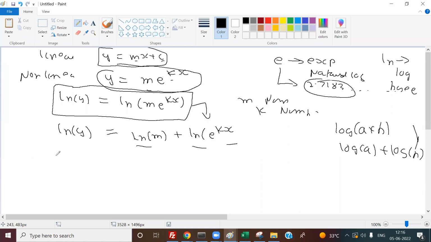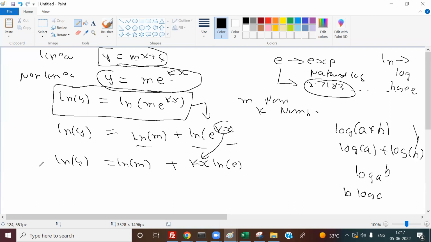ठीक है, now this equation would be written as ln y is equal to ln m plus kx ln e. Why? Because log of a power b is equivalent to b log a. So this power has come over here.